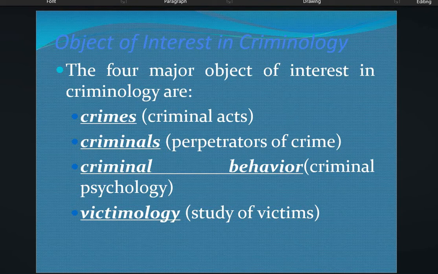So, again, the 4 main objects of our study are the crime, yung ginawa, the criminal, yung gumawa, the criminal behavior, yung paano yung proseso, what makes him become criminal, ano yung naging cause. Victimology is yun naman yung victim of the crime itself. So those are the 4 objects of interest.